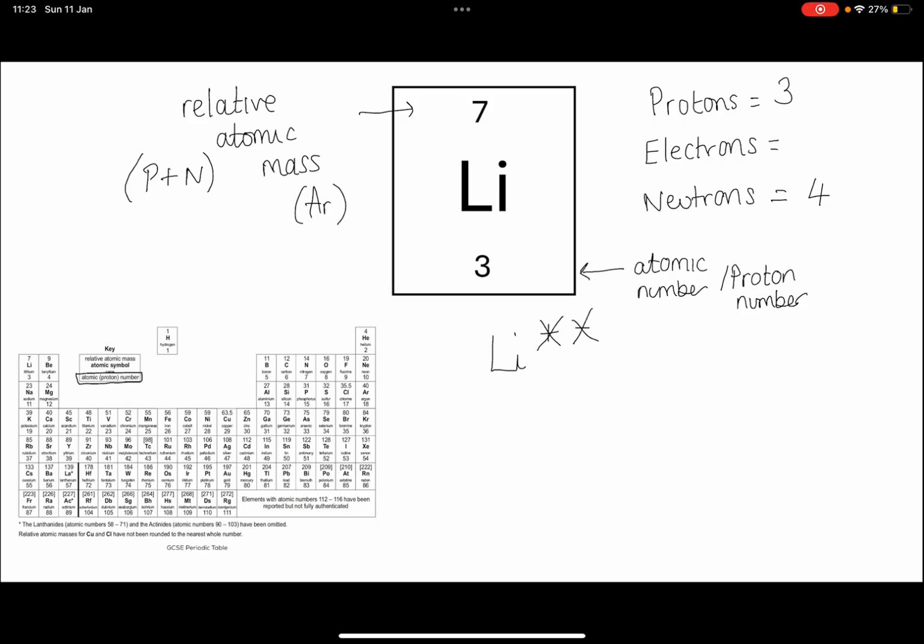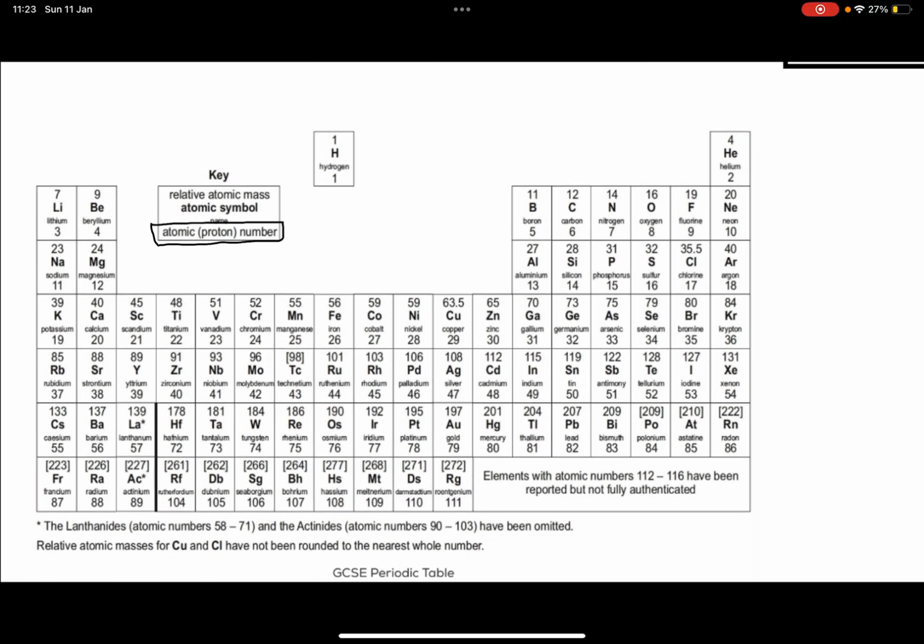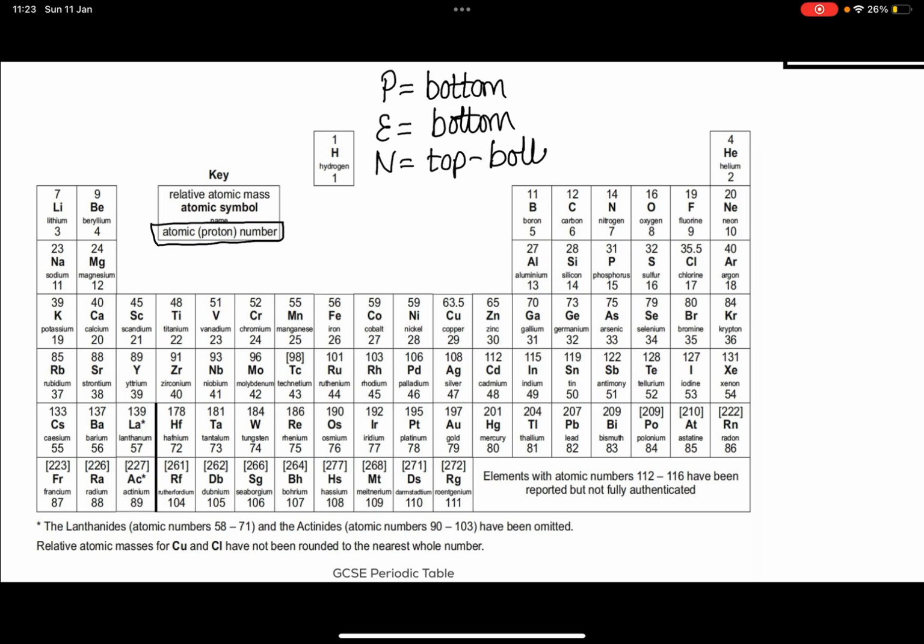Therefore, if it's got 3 protons, it must have 3 electrons. And remember the quick way of remembering: protons is that bottom number, electrons is also the bottom number, and the neutrons is the top minus the bottom number.